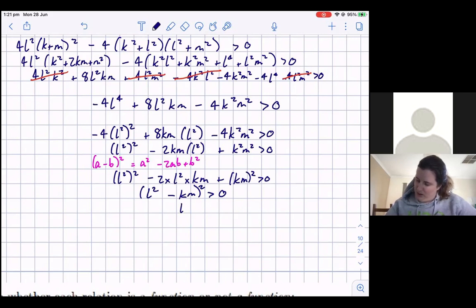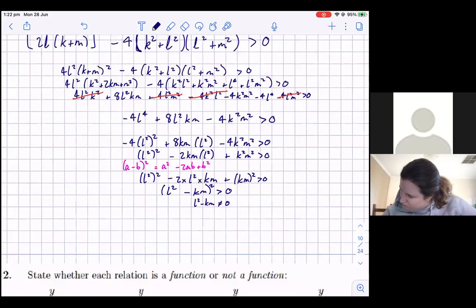Well, that's when L squared take KM. Like the whole thing's always going to be bigger than 0, but it's when... I think I've confused myself.